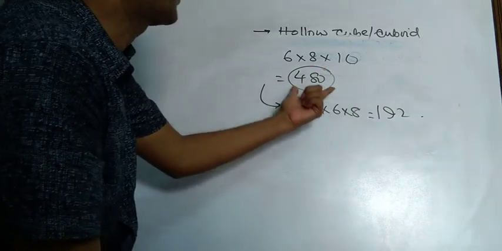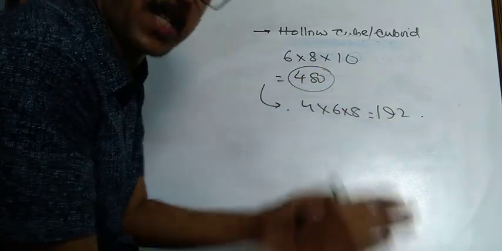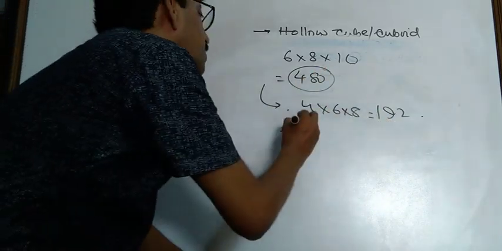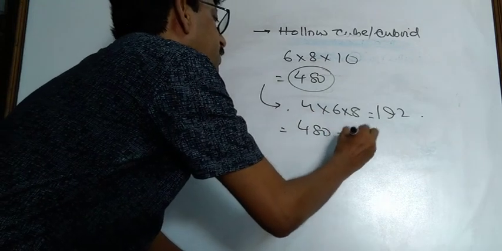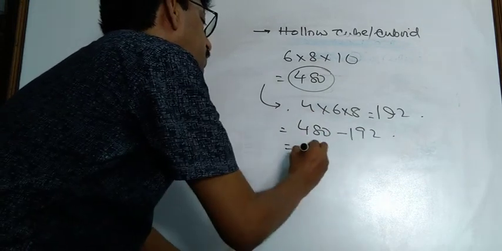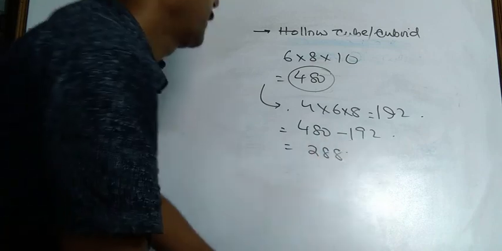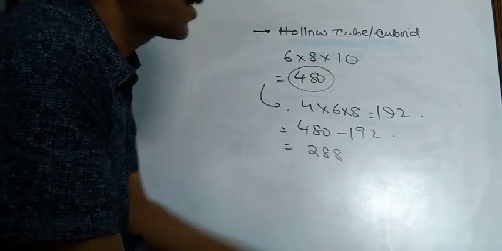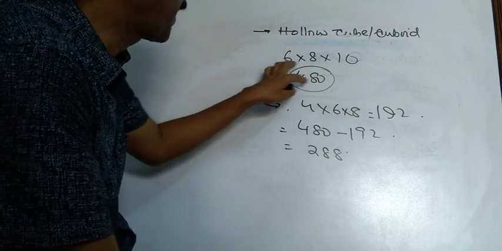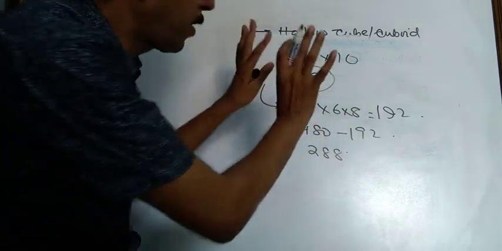Out of 480, 192 small cubes are inside. So to make the structure hollow, we subtract this 192. That gives 288, I think. Check. So 288 small cubes are required to make this structure.